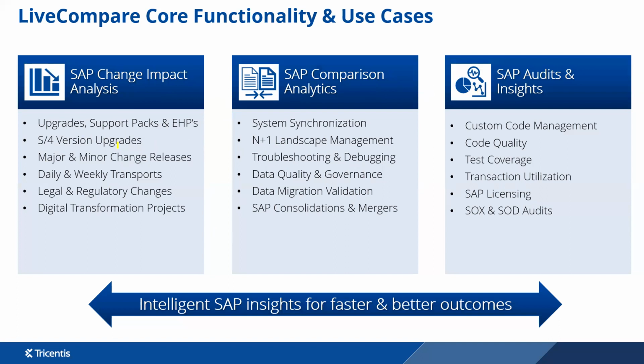The impact analysis you can use for all these kinds of use cases. The SAP comparison analytics we provide can be used for all these different use cases. And then you can use Live Compare to query and provide different kinds of audits or insights in and around your environment, doing code quality analytics or transaction utilization or what have you.